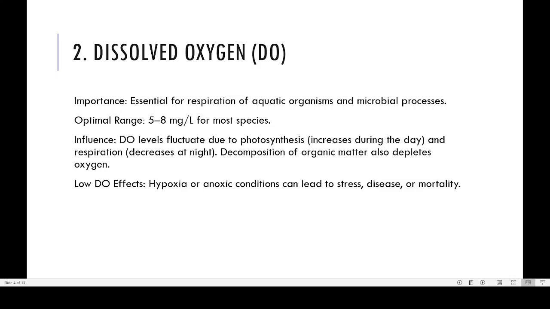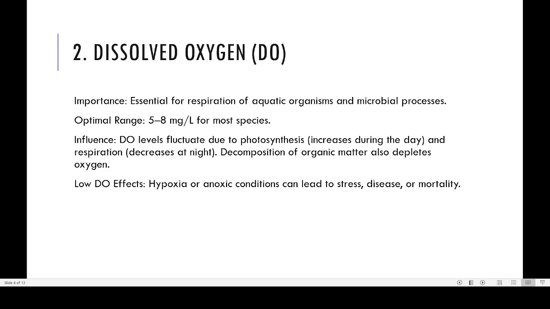But if it is below 5 milligram, that means the oxygen level in the water is less, and that can influence the growth of the fish. Generally we have noticed that cold water carries more dissolved oxygen. Dissolved oxygen levels also fluctuate due to photosynthesis, increasing during the day.